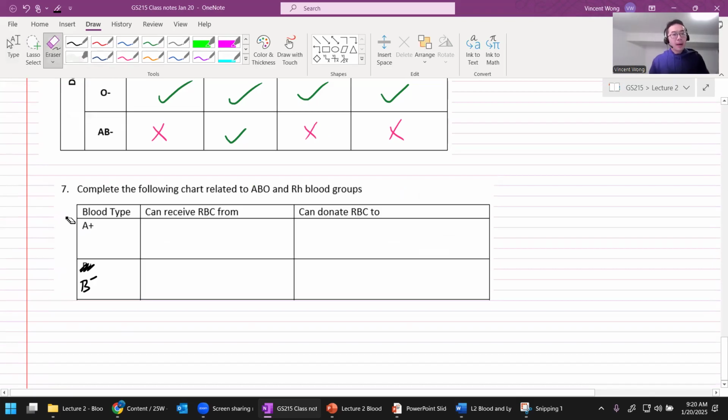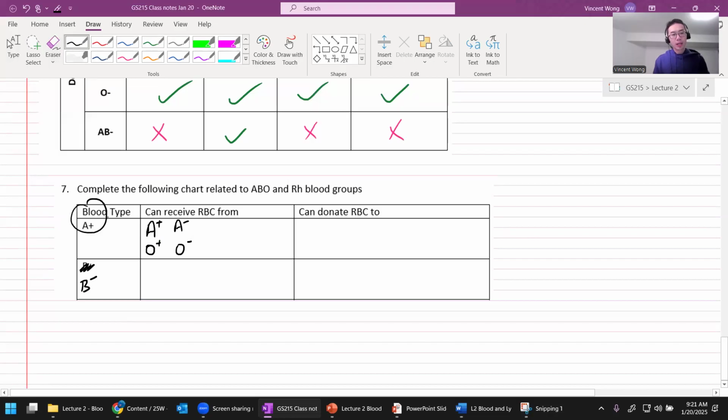So if you are A positive, who can you receive RBC from? Well, if you're A, you can receive from other A's and you can receive from other O's. And if you're positive, you can receive from positive people as well as negative people. And so these are all compatible donors for you.